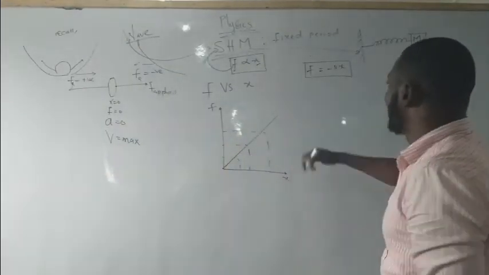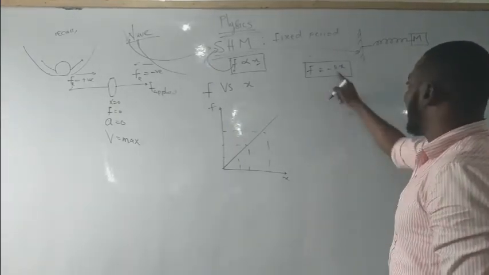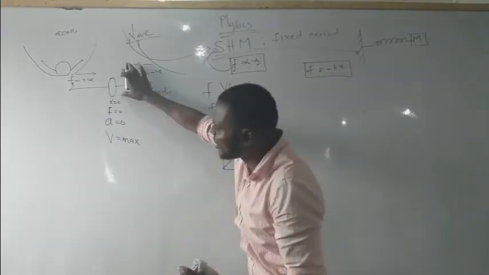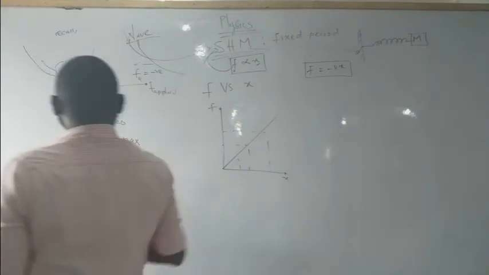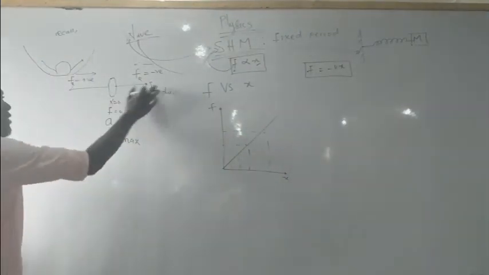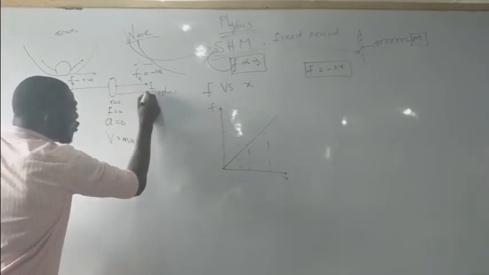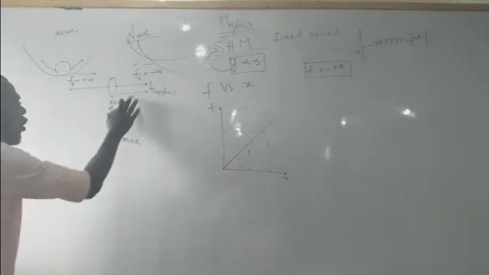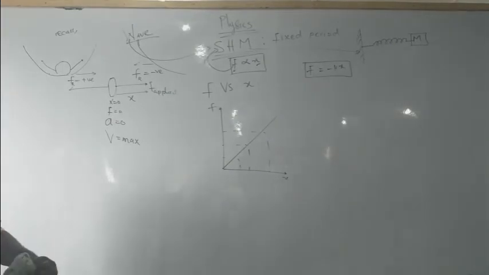So from here, we know that F is equal to minus kx, where k is the force constant, or stiffness, of this spring. x is the displacement. So when force is applied to this, stretching it to this point, x is always measured from the mean position, from the center, from the equilibrium position.